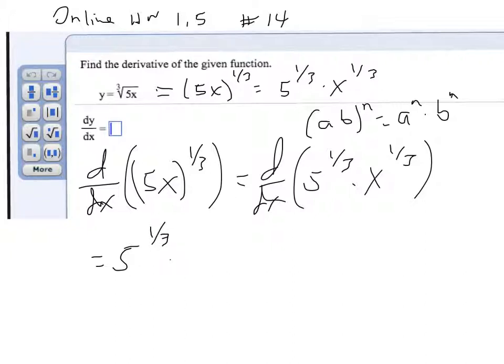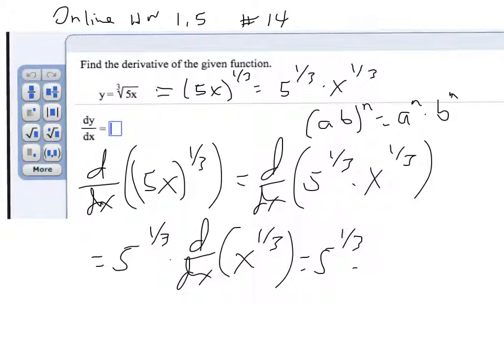So this number here, this 5 to the 1/3, is just a constant, so we pull it outside and then worry about the derivative of x to the 1/3, which follows our normal derivative rule. So the 5 to the 1/3 just sits there, we're ignoring it, and the derivative of x to the 1/3 is 1/3 times x to the negative 2/3. So our 1/3 power becomes a constant in front, and then the new power of x is 1 less than the original power of x.